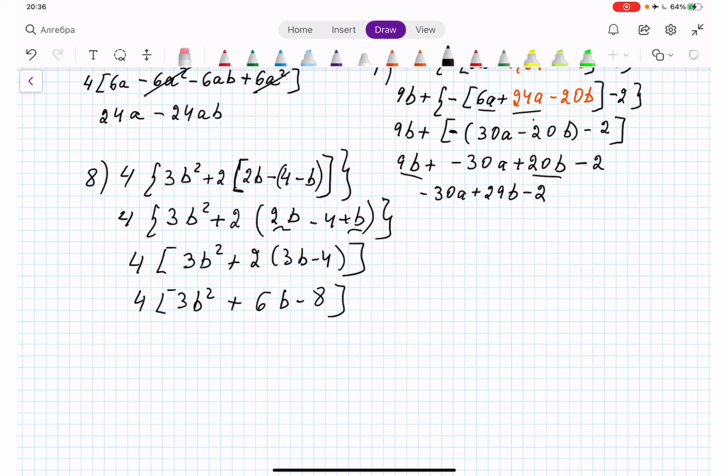Okay, and we have 12b squared plus 24b, and then minus 32. Okay, and one more, and that will be the last one.